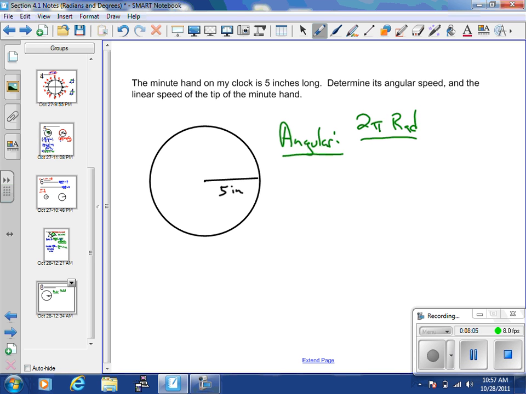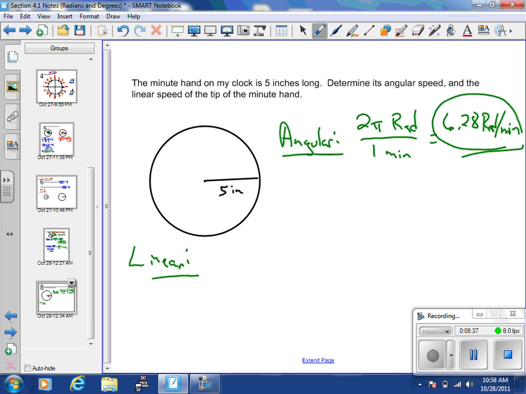Well, with the minute hand, that takes 1 minute. 2 pi, if you multiply it out, is approximately 6.28. So I have about 6.28 radians per minute. That would be my angular speed. The book example uses the second hand, so they converted this to seconds, and it's slightly different. I encourage you to visit that.